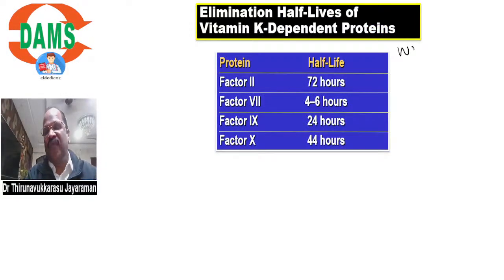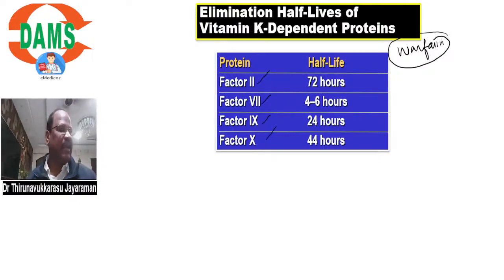Extra point, look here. We know warfarin inhibits vitamin K dependent factors like 2, 7, 9 and 10. Just look at the half-life of the vitamin K dependent proteins. Factor 2 has a half-life of almost 70 hours, almost 3 days. Factor 7, 4 to 6 hours. Factor 9, 20 to 24 hours. Factor 10 is about 40 to 44 hours.